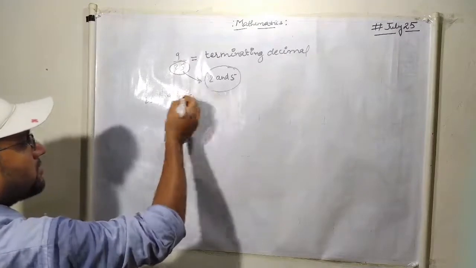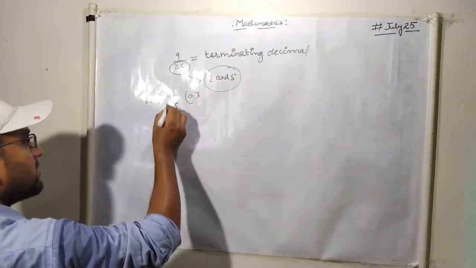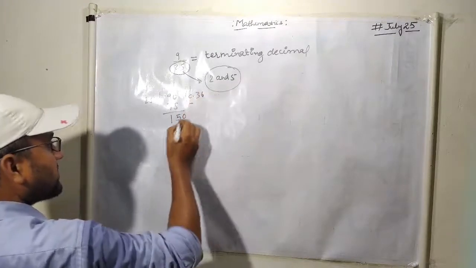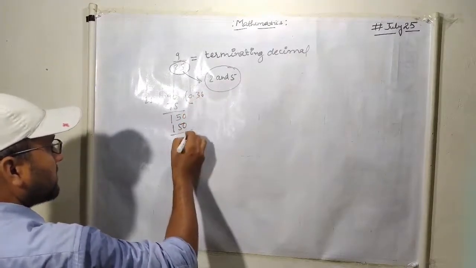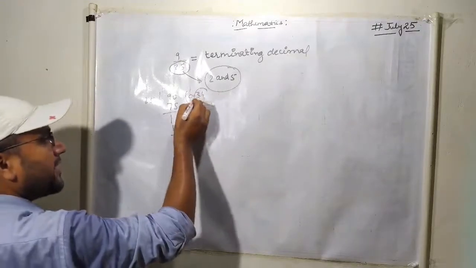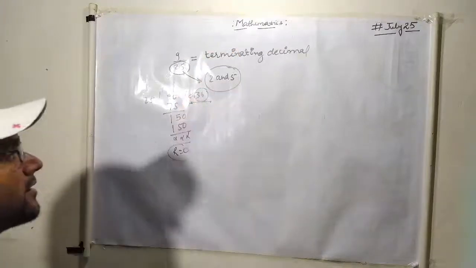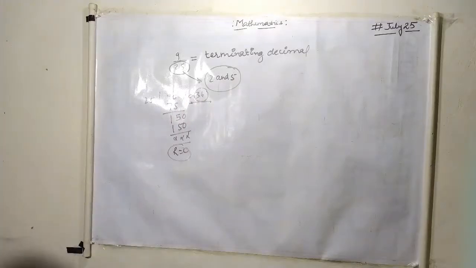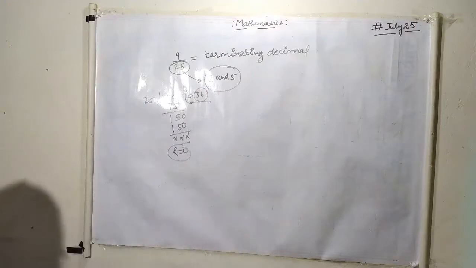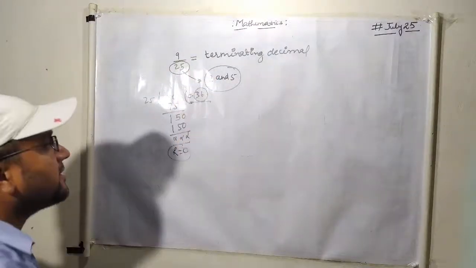So 0 point, I have taken 90, 3 times 75, 5 is there, 90 minus 75 is 15, 1 point, 150, 6 times 25 is 150, so it cancels out. 0.36. After the decimal point it is a finite number of decimals and its remainder is equal to 0, meaning it is a terminating decimal. If the denominator of a fraction has only prime factors of 2 and 5, then it represents a terminating decimal.